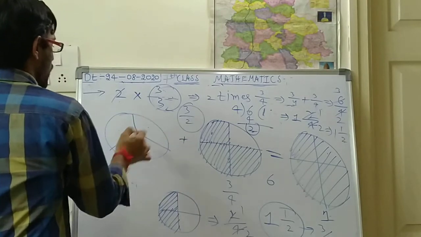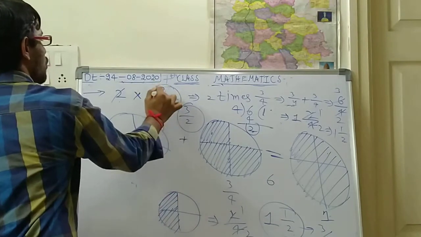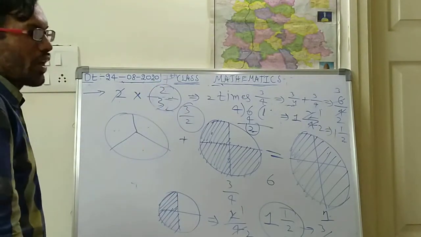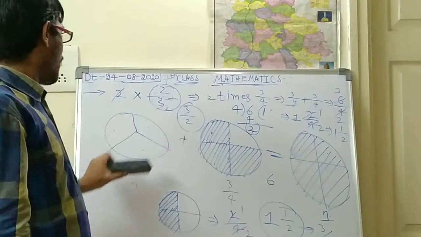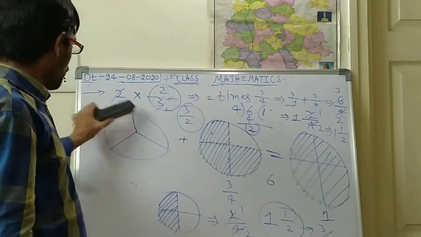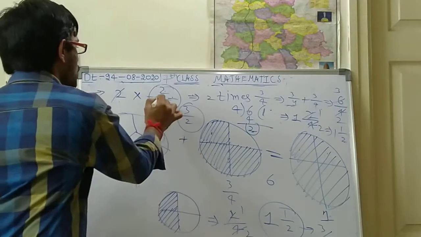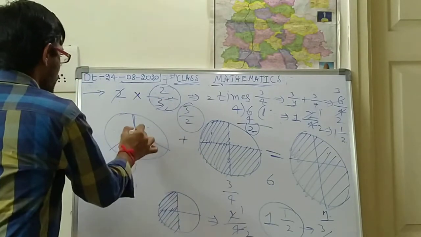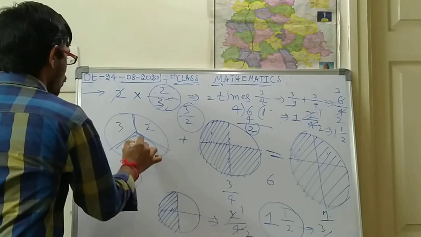1 2 3, 3 parts you should make. Okay, so like this you should do these problems. Now I think you have understood. After making the parts, you just count how many parts are there. So here 3 is there. After dividing, count: 1 2 3.